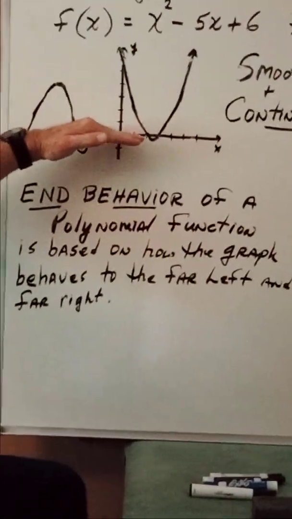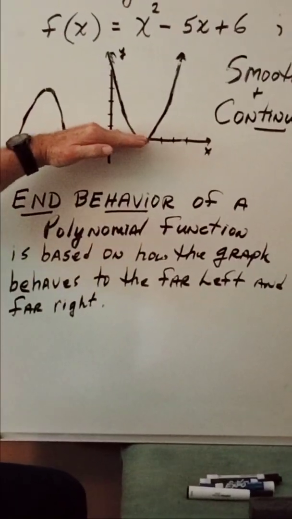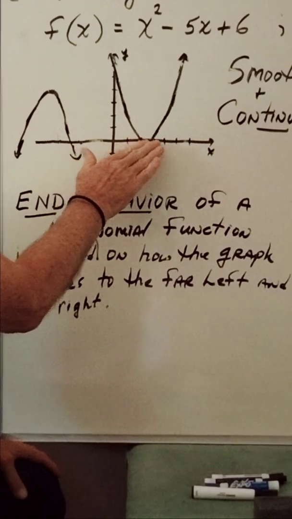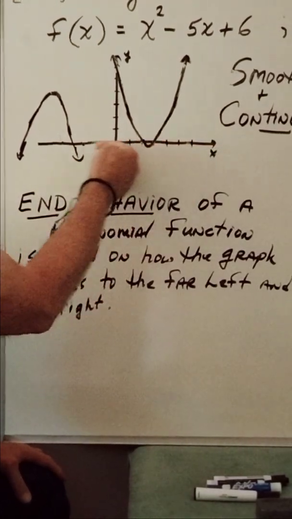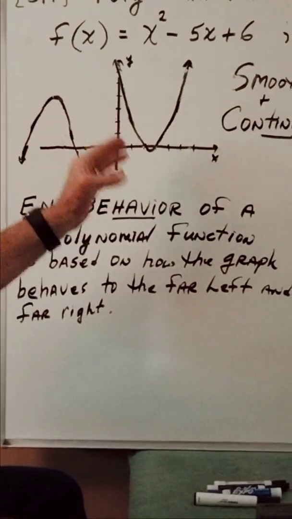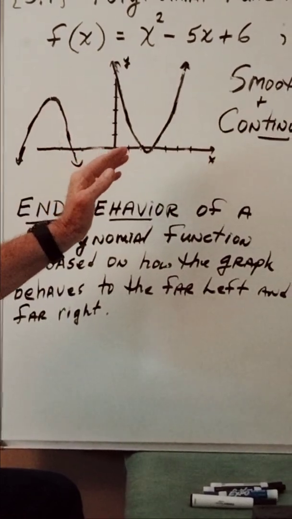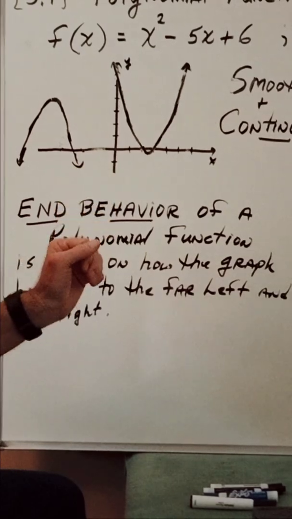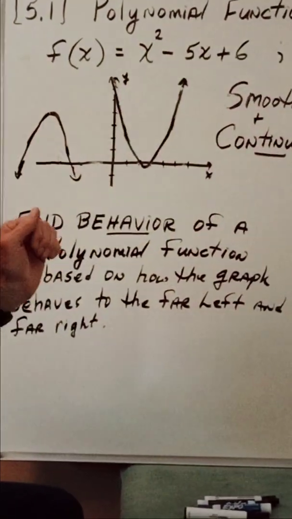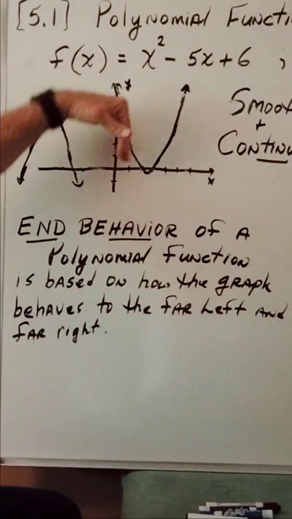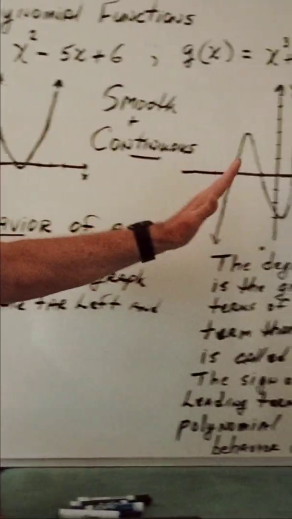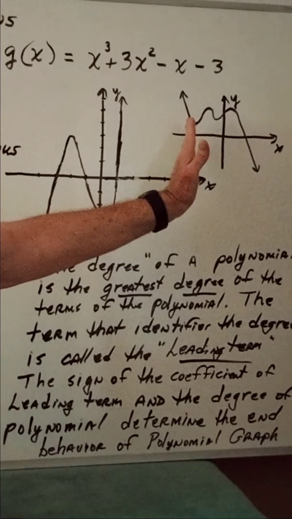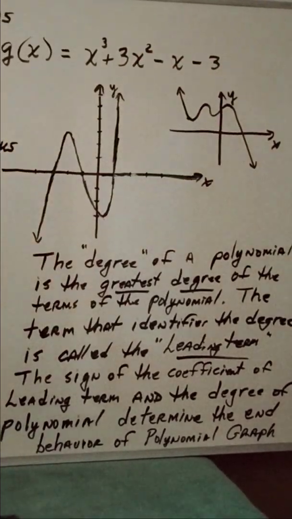As the value of x either increases, this is the x-axis, as the value of x either increases or decreases, the graph of every polynomial function will either eventually rise to the right or rise to the left, fall to the right or fall to the left, or rise to the right and fall to the left, or rise to the left and fall to the right.